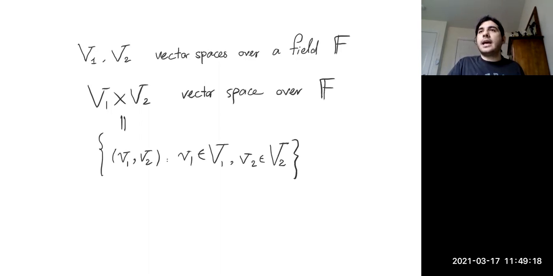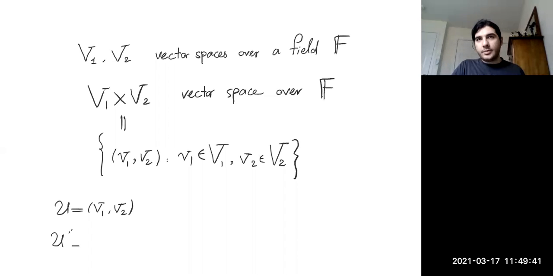To say this is a vector space, it should come with an addition and a multiplication by the elements of the field. If I take an element u of the form (v1, v2), a pair, and a second element u prime, which is (v1 prime, v2 prime).